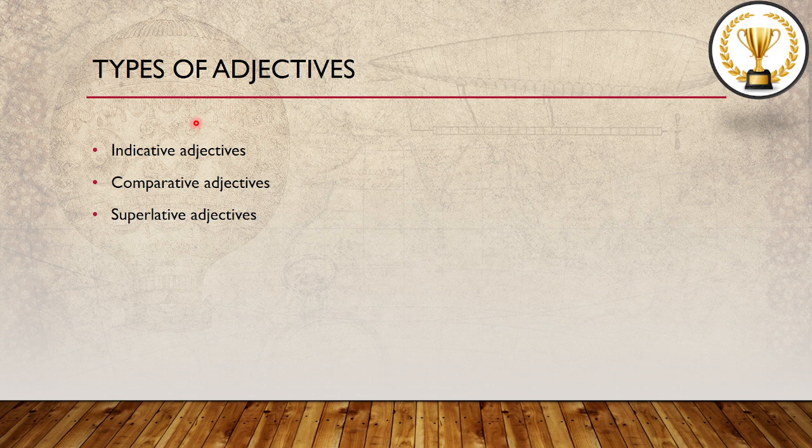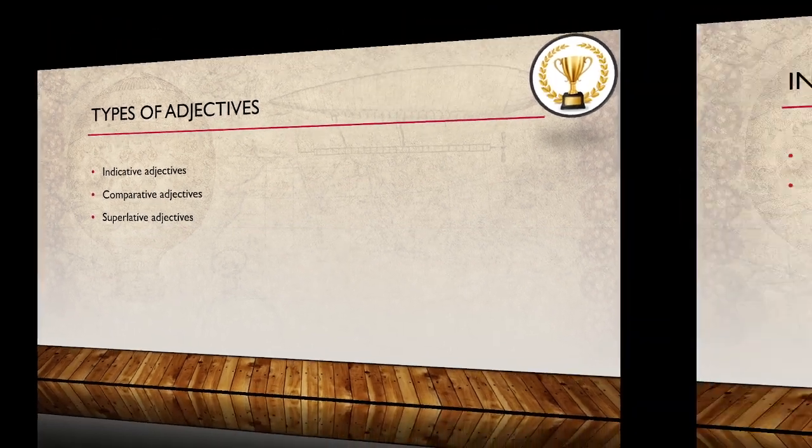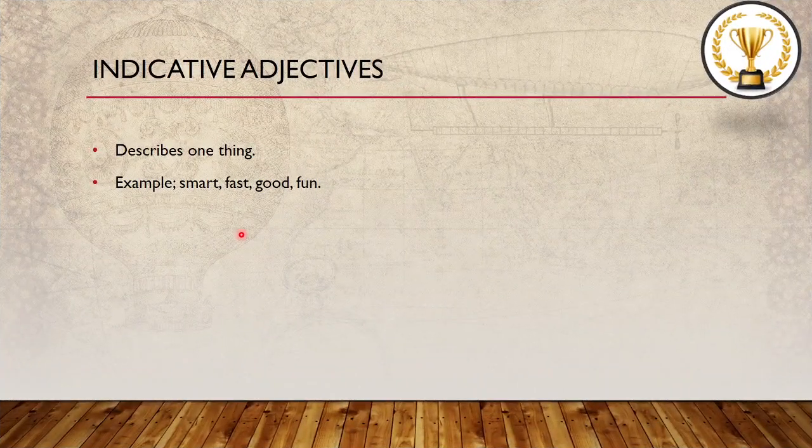So let's see. First one, indicative adjectives. Second one, comparative adjectives. And third one, superlative adjectives. Indicative, comparative and superlative adjectives. So let's see each one. First one, indicative adjectives. Describes one thing. Example, smart, fast, good, fun.